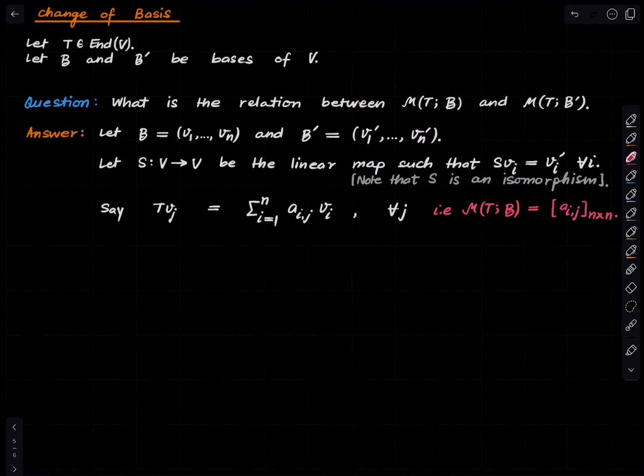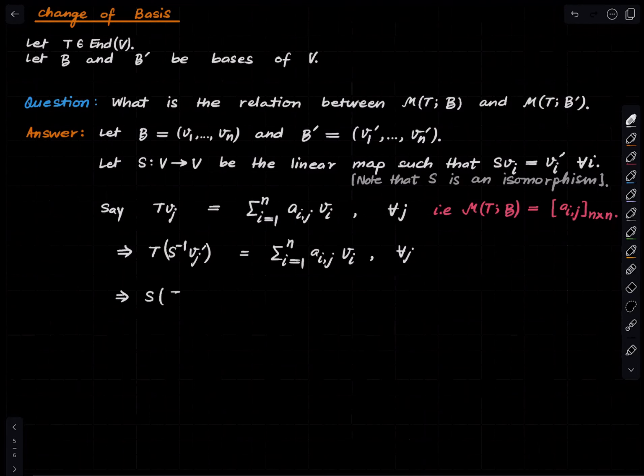Yeah. Now, we just note that Vj is S inverse Vj prime by definition of S. Right? Now we apply S on both sides. Maybe I'll apply it on the equation above for brevity.